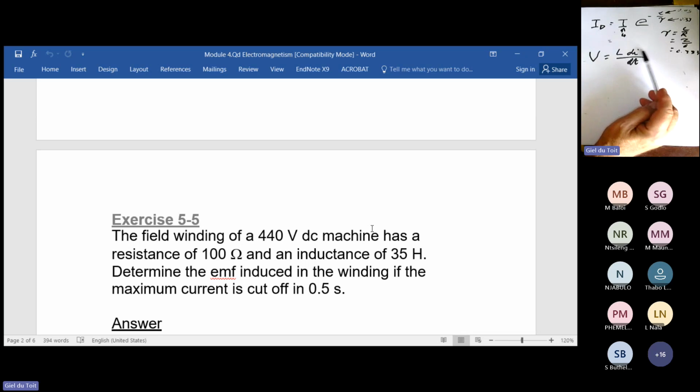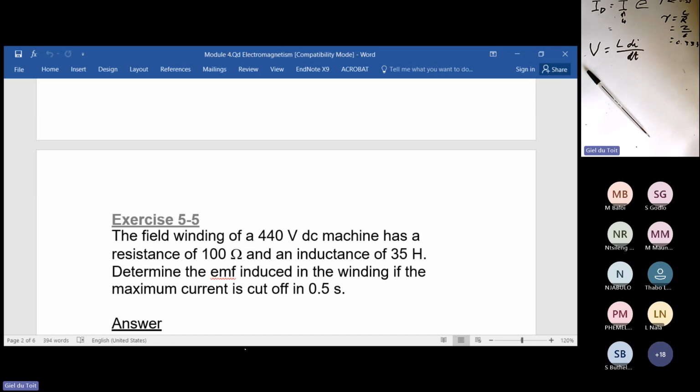The current is about 0.25, and the time is 0.5. It's only three things. Calculator, put that one in, put that one in, put that one in. What is the answer? No one knows. No one knows today. Is there someone that wants to try and give us the answer, please?